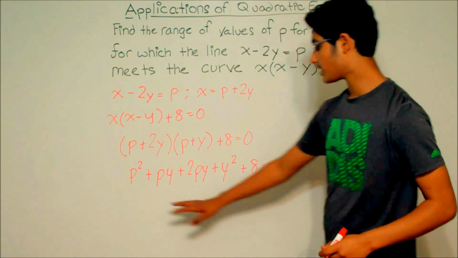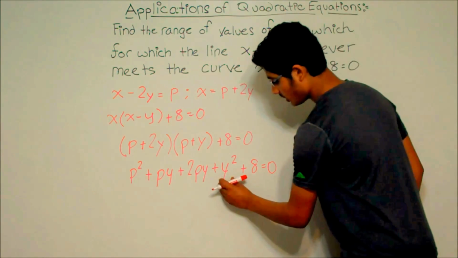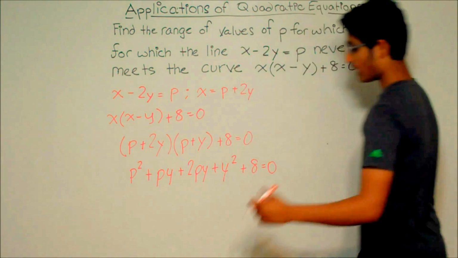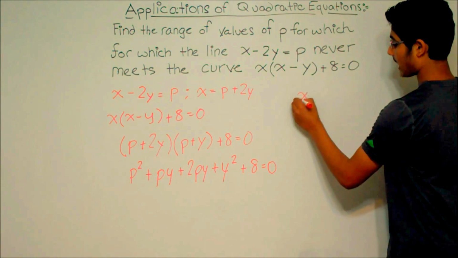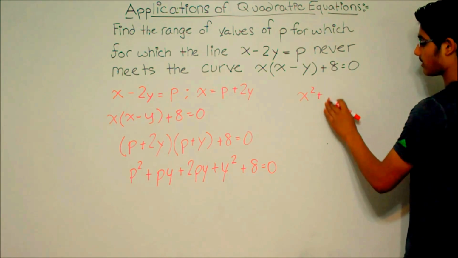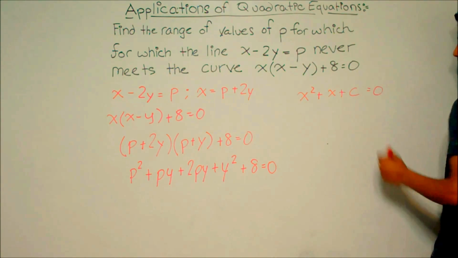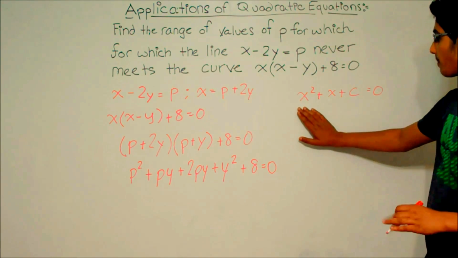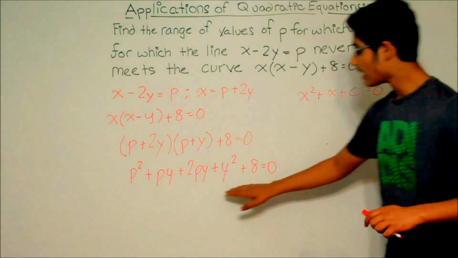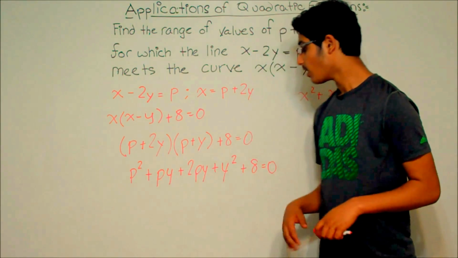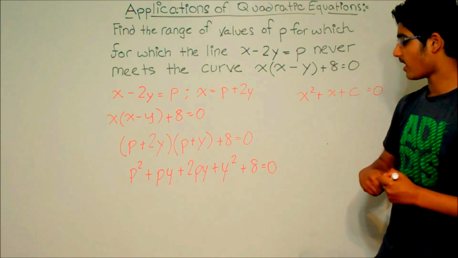So now let's rearrange this and combine like terms. We're going to put y squared first because in the quadratic equation, ax squared plus bx plus c, where c is the constant term, equals 0, the highest degree goes first. Here, p is actually not a variable. For that range of values, p is a constant term.